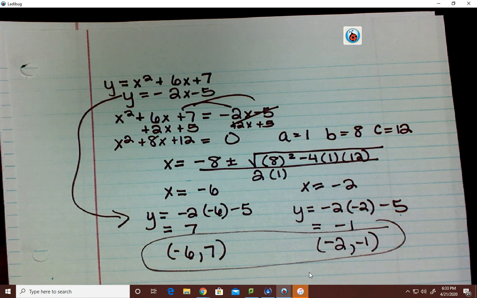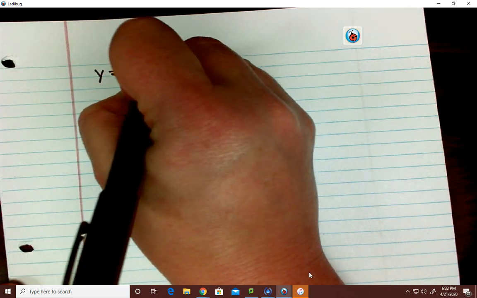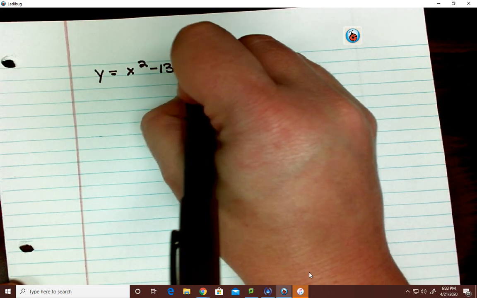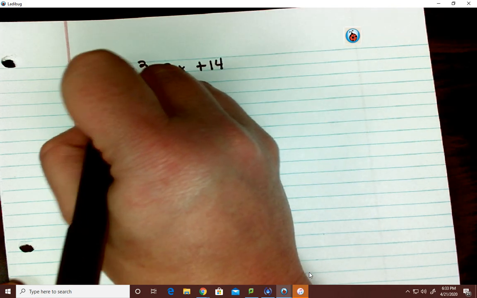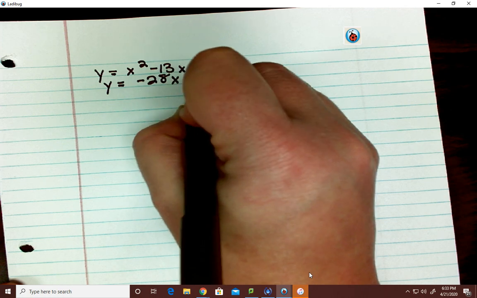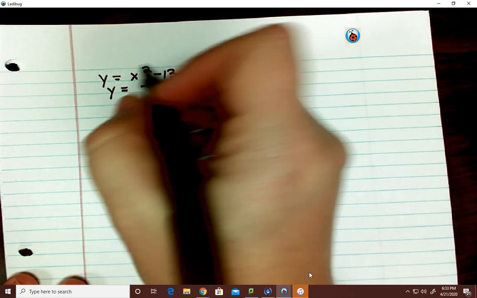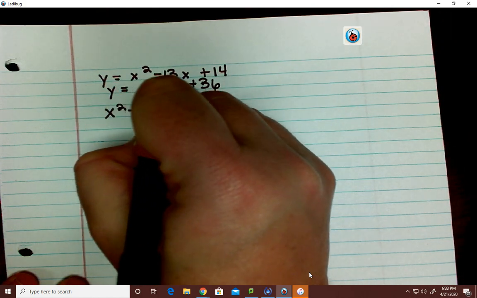Alright, so I'm going to do one more example of doing just those same exact steps in that order. Alright, so I take what y equals there and I set those two things equal to each other.